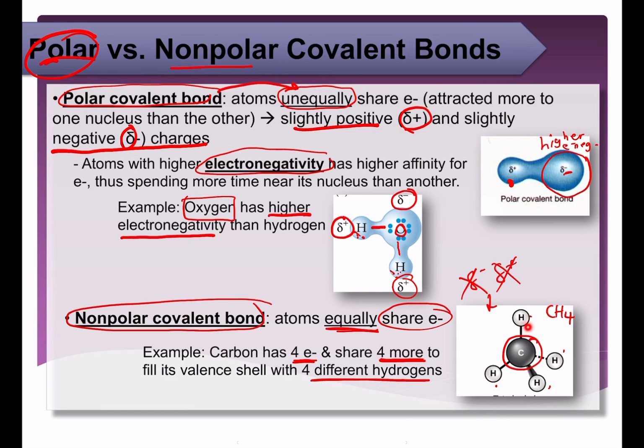On average, they are equally sharing between all 5 of these atoms, which results in a nonpolar covalent bond. Whereas for water, electrons are hanging more around the oxygen, giving it a slight partial negative charge and a partial positive charge on the hydrogens. This unequal sharing of electrons is what we refer to as a polar covalent bond.